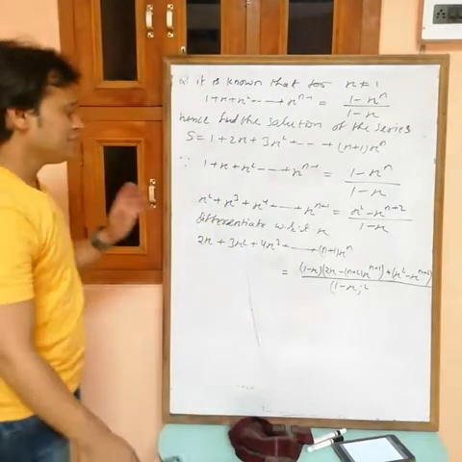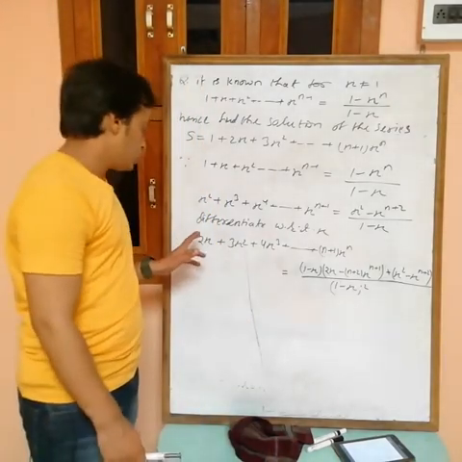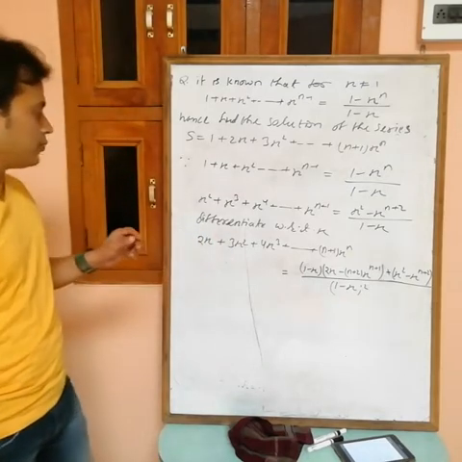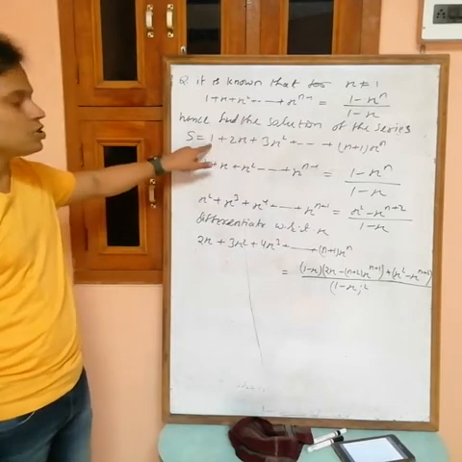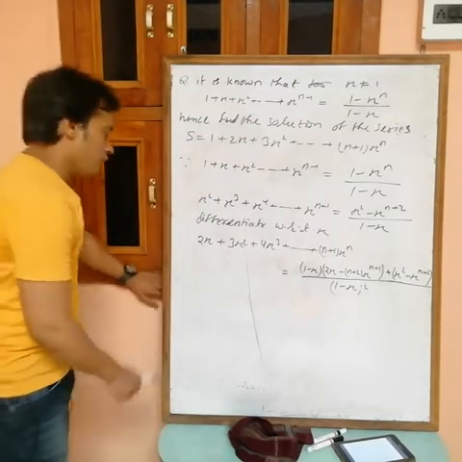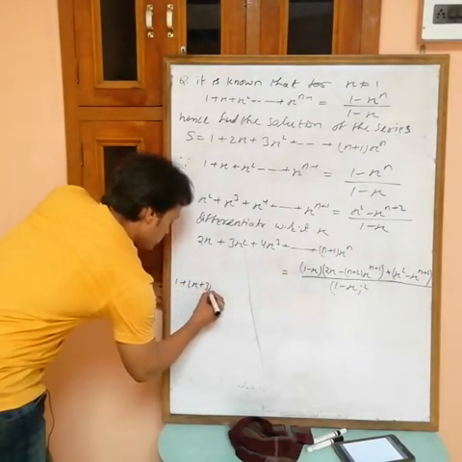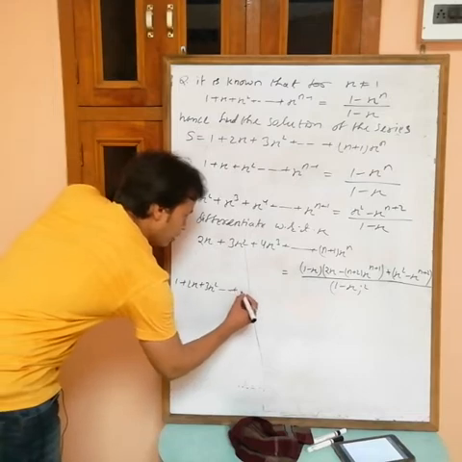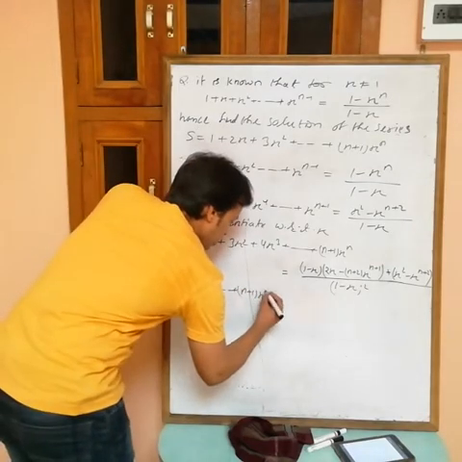Okay, but again one minute, this is 2x plus 3x square plus 4x cube, but here also we have 1, so add 1 on both sides. If I add 1 on this side, then 1 plus 2x plus 3x square, and at the end (n plus 1) x power n.